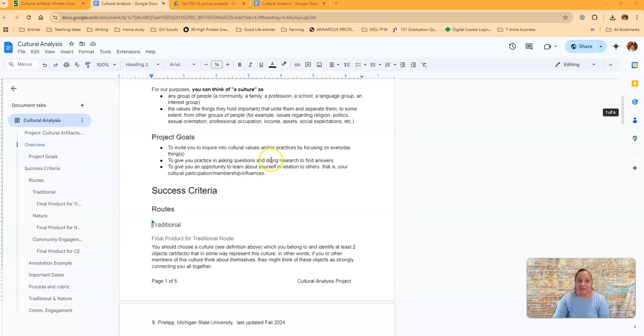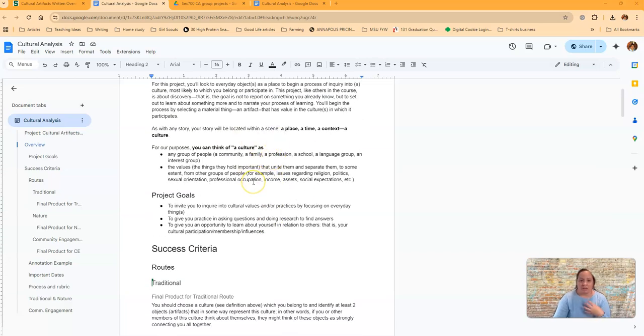If you can remember the definition here, we're thinking of a culture as any group of people that have some shared values or commonalities. So they happen within a particular place, a time, a context. Cultures are socially created and defined, so it is really quite open as to what might qualify as your culture here, okay?